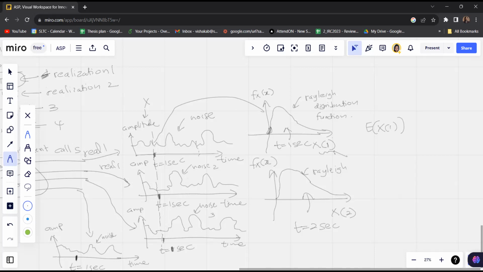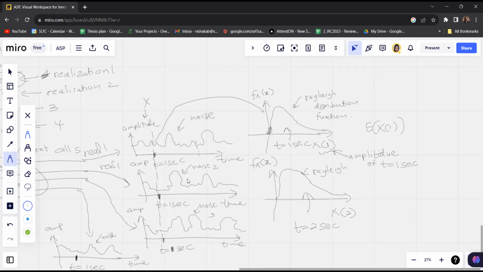X1 is the amplitude of the signal at time equals 1 second, right? The amplitude of the signal at t equals 1 second, I denote as x1. The amplitude of the signal at that 1 second time instance, I can calculate for all the different realizations.